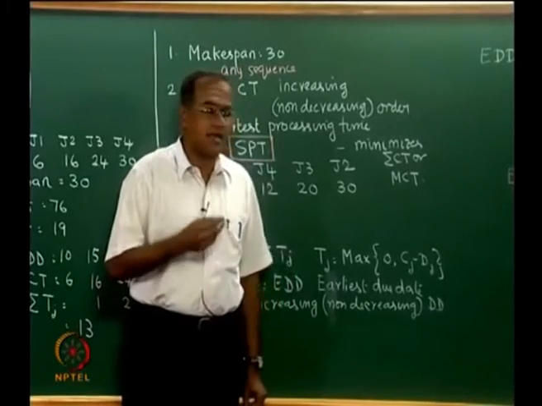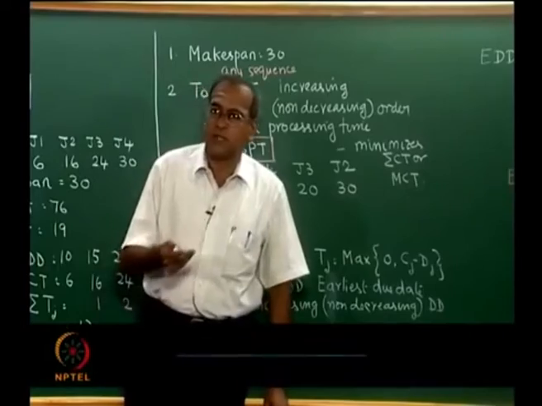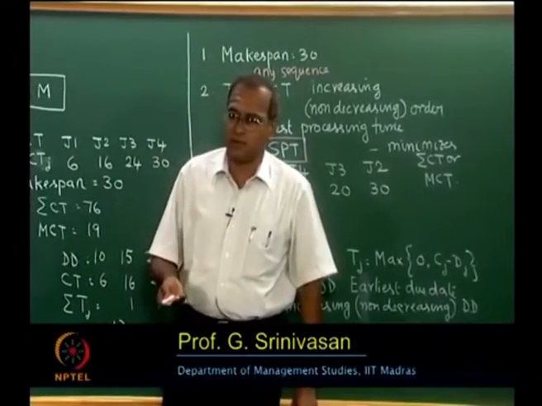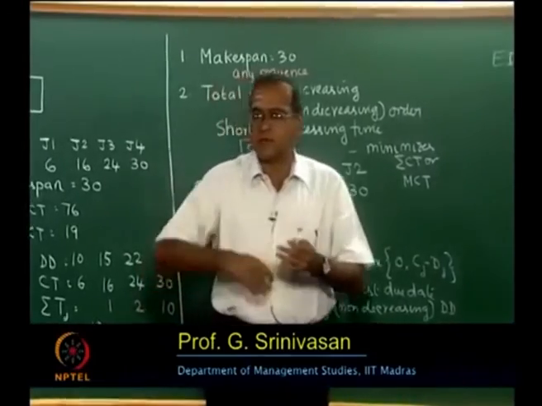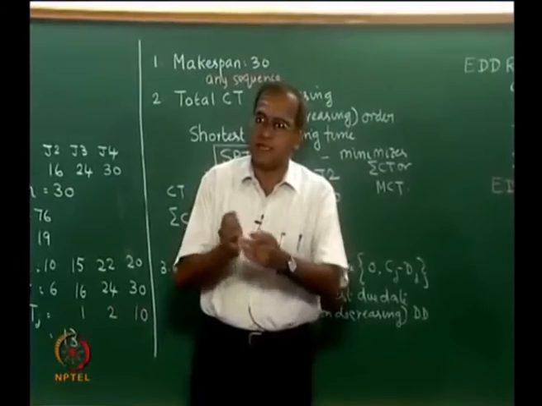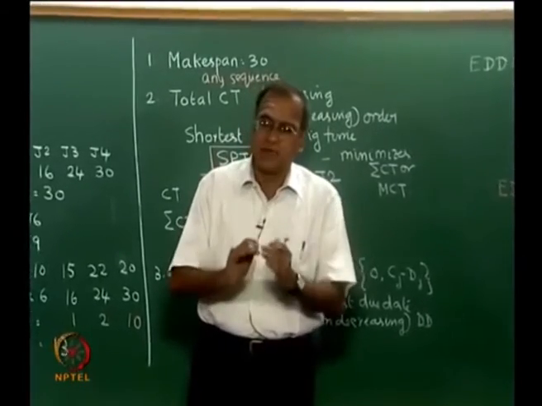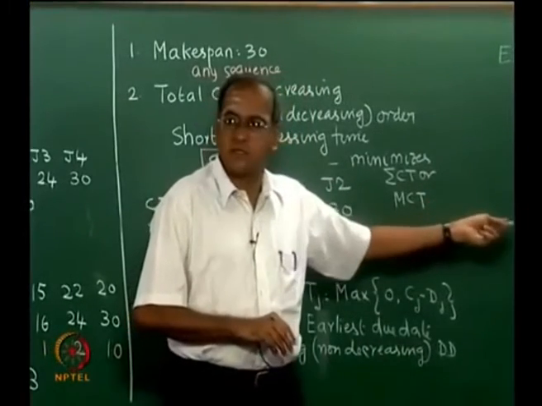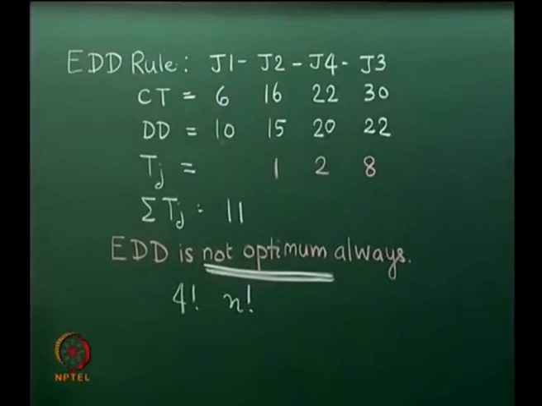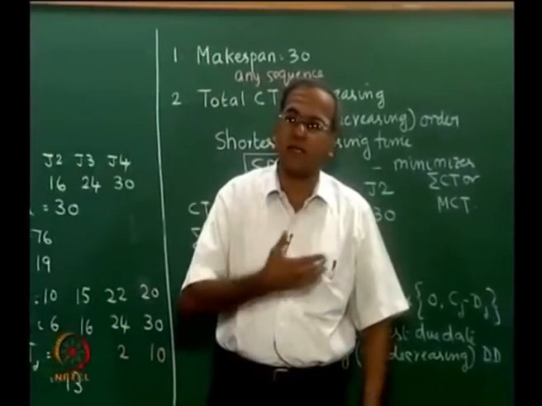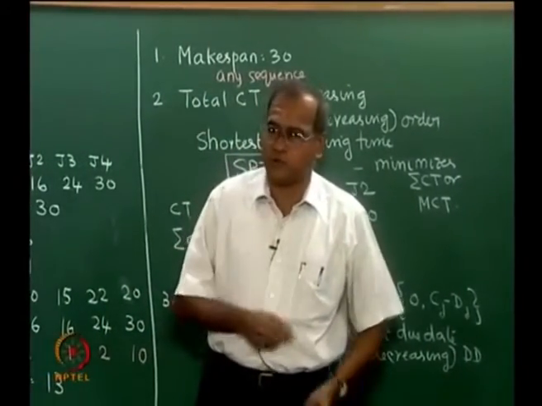For example, if we look at n equal to 20, the number of computations is extremely large when we want to enumerate n factorial. So, we would look at methods that implicitly evaluate a part of the n factorial, but tell us that it has evaluated that, and then by evaluating fewer than n factorial, give us the optimum solution. Several branch and bound algorithms try to do that by implicitly evaluating some of the solutions.